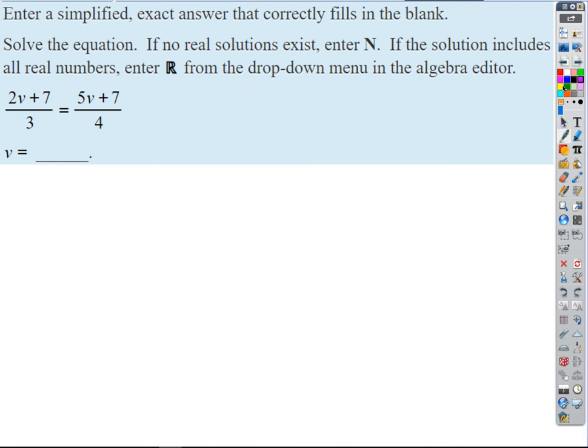So we get this cross product times that cross product, right? So 3 times 5v plus 7. We set equal to the red cross product, so bottom times top. 4 times the quantity, 2v plus 7.